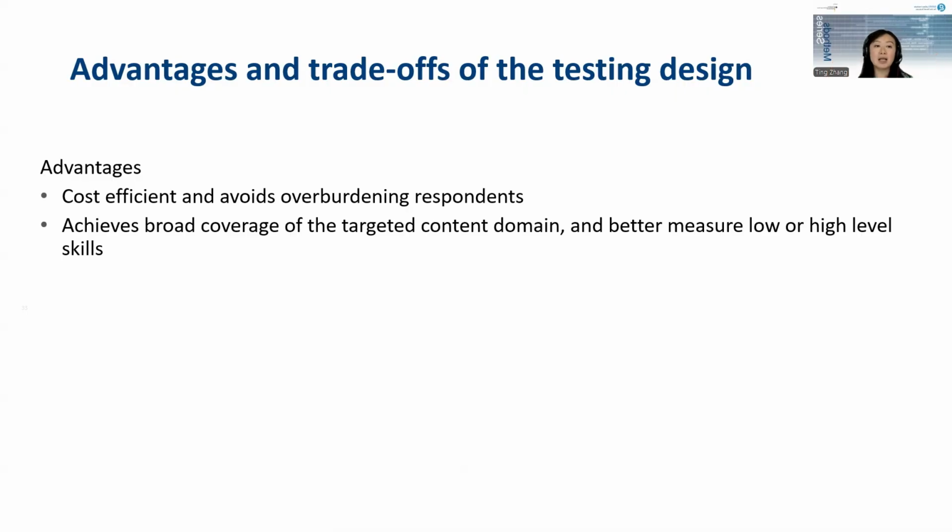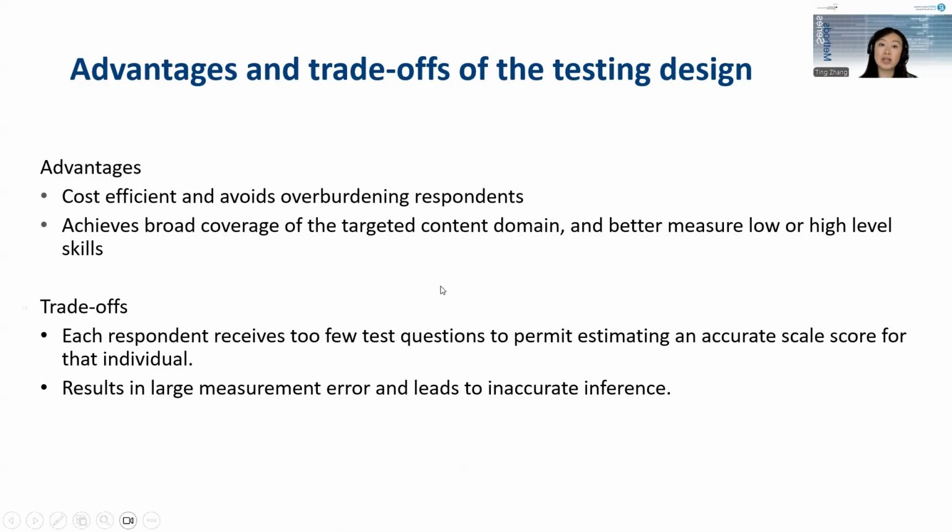But at the assessment level, it achieves a broader coverage of the targeted content domain. And PIAAC cycle 2 better measures lower or higher level scales. Of course, it has trade-offs.